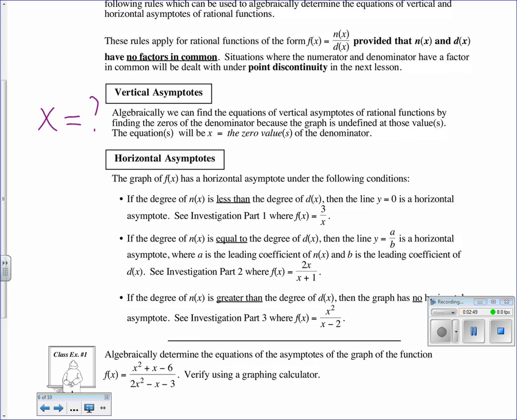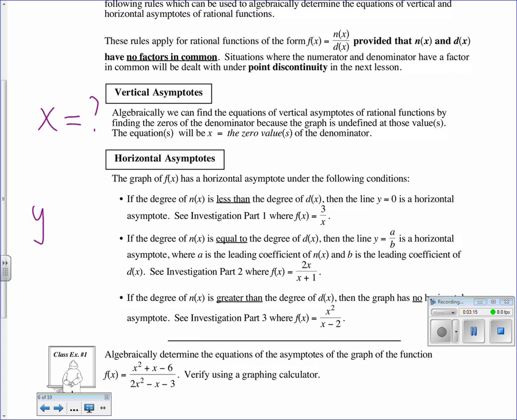Horizontal asymptotes are a y equals statement, and they happen in a variety of circumstances. If the degree of the numerator is less than the degree of the denominator, then the line y equals 0 is a horizontal asymptote. So the degree, remember, refers to the highest exponent in the polynomial.